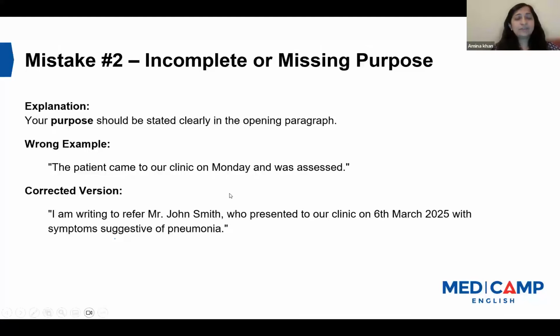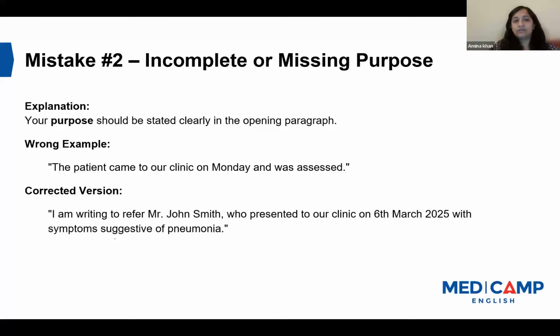For example, I'm going to read the example for you, and you're going to get an idea from that. "The patient came to our clinic on Monday and was assessed." Now this is very vague, you are not getting any extra information from this sentence.